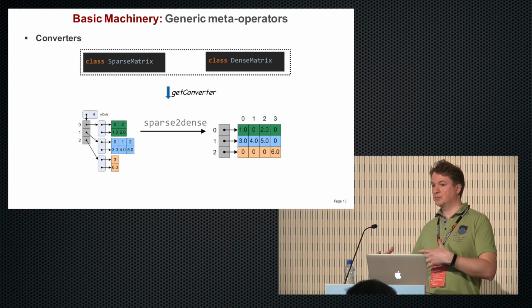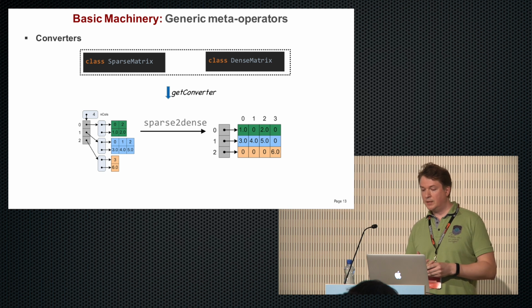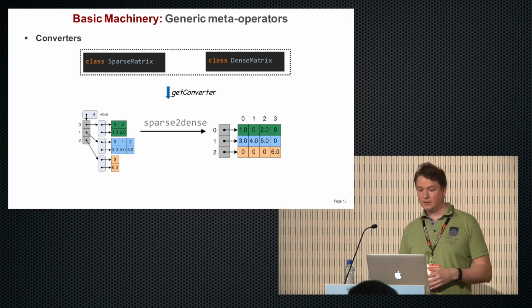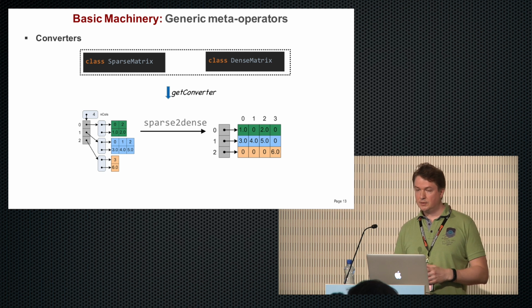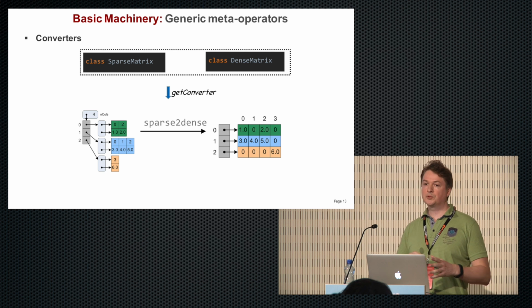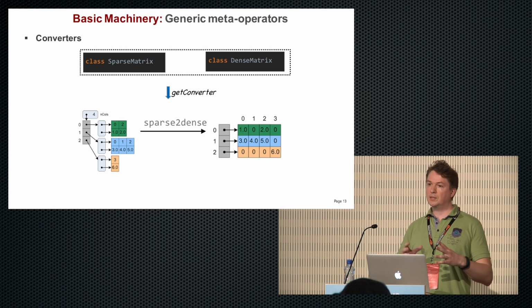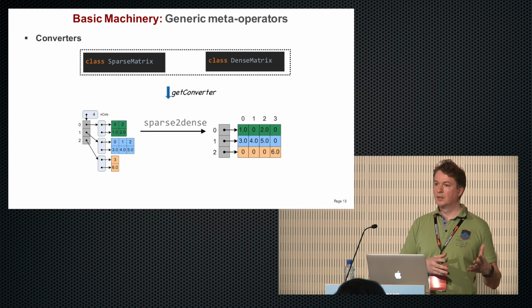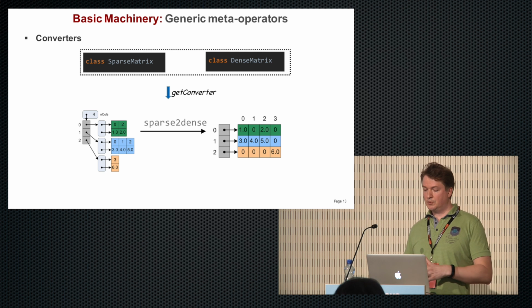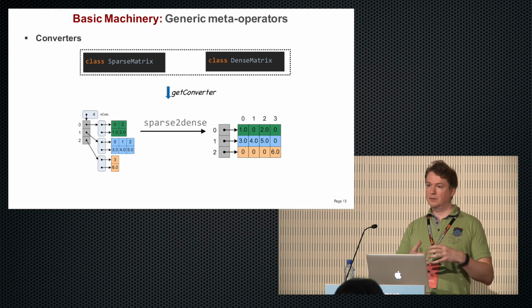And in Scalan, you can define and design your data structures in such a way that they will be convertible to one another. And this generic meta operator, get converter, is optional. Optionally get converter. For some data structures, it produces none, but in some cases, it produces a conversion which you can compose with different functions.